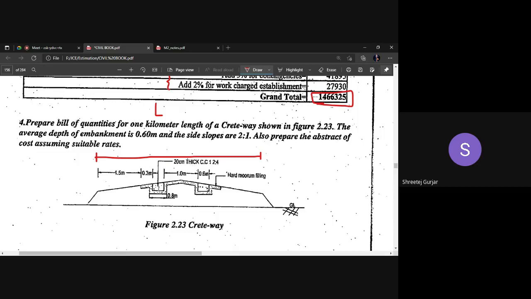Calculate quickly. No answer. I'm asking from here to here, the total width. You have dimensions over here. Make use of these dimensions and try to calculate the total width.